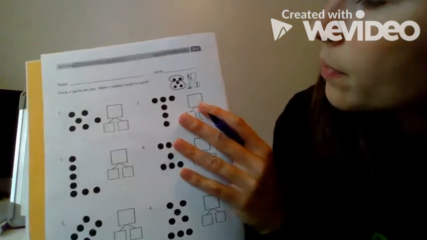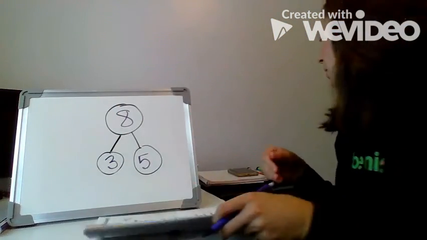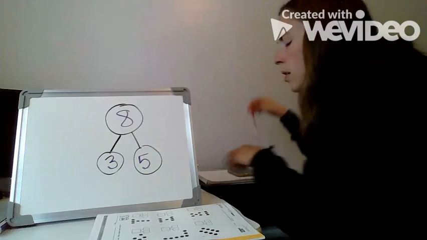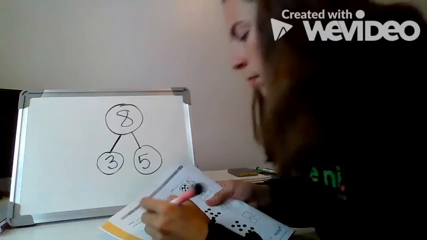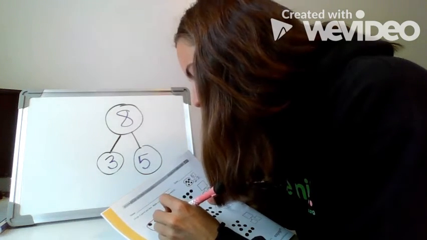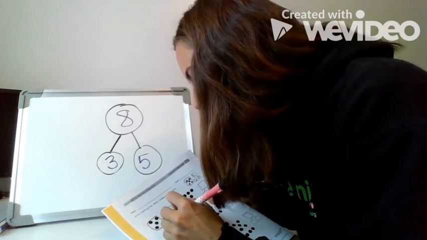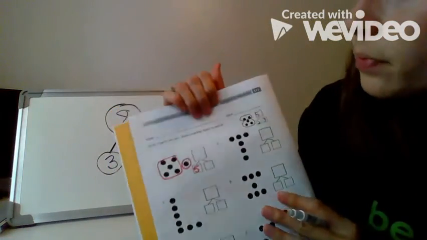Okay. And the second part that I circled, I'm going to go ahead and use a marker so you can see this better. There we go. I like that better.